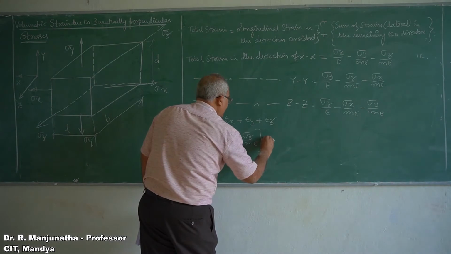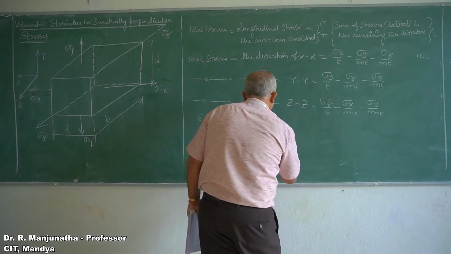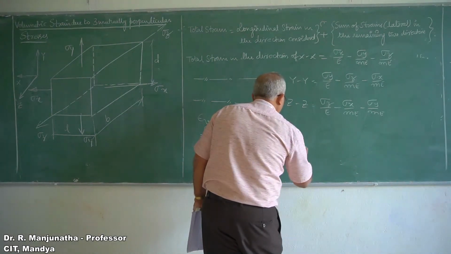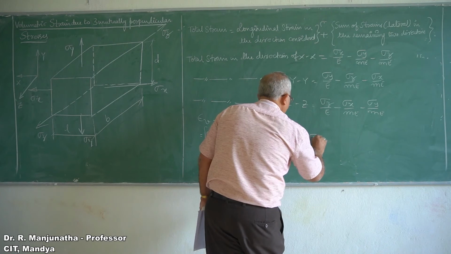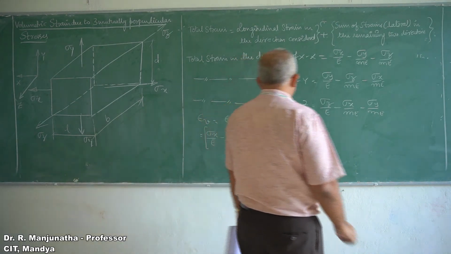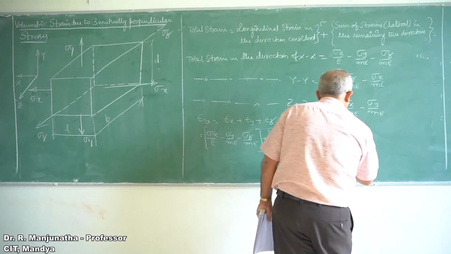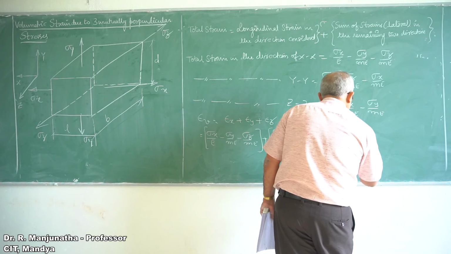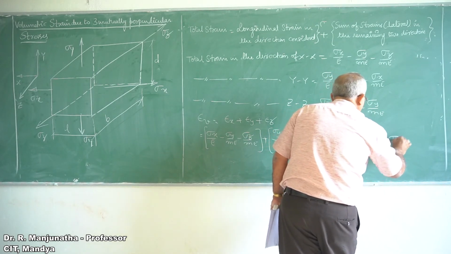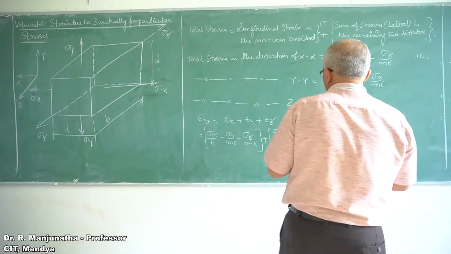Then similarly plus epsilon y, which will be equal to sigma y by E minus sigma z by m into E minus sigma x by m into E. This is epsilon y. Plus epsilon z, which is again sigma z by E minus sigma x by m into E minus sigma y by m into E. So now we have all these things.